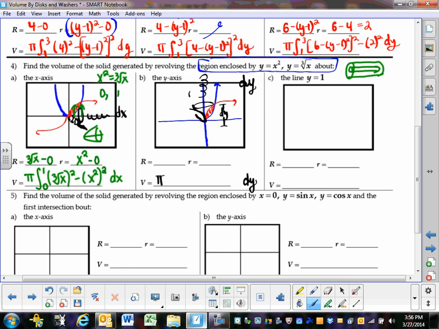We are going to have pi. The y values also happen to go from 0 to 1, and we have an outside radius squared minus an inside radius squared.